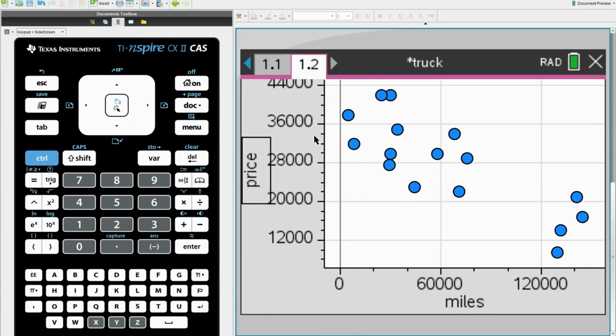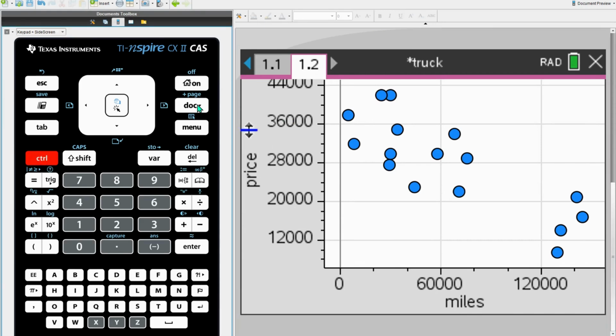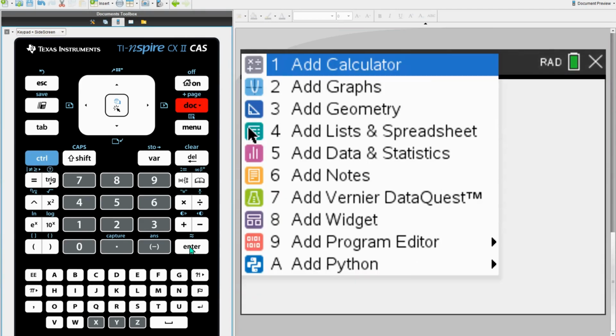And we saw, as in the earlier lecture, that that data set looks like a strong negative linear relationship. But let's say we want to find the equation that best goes through that data. To do that, we're going to add another page to our document. It's going to be a calculator page.